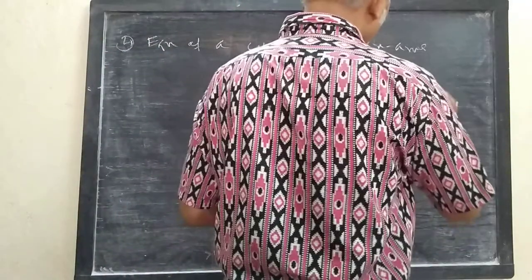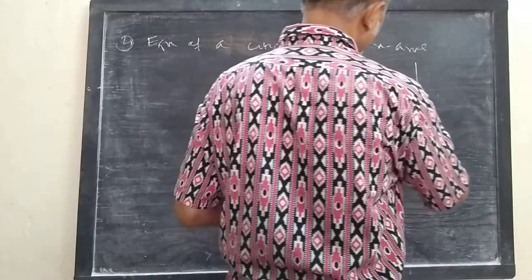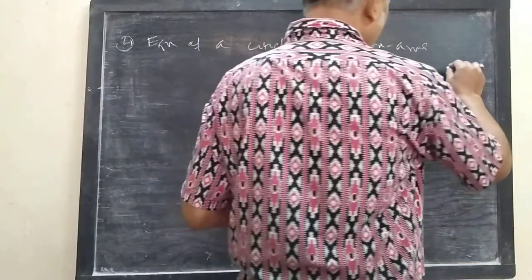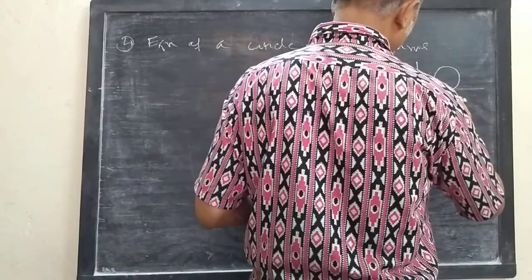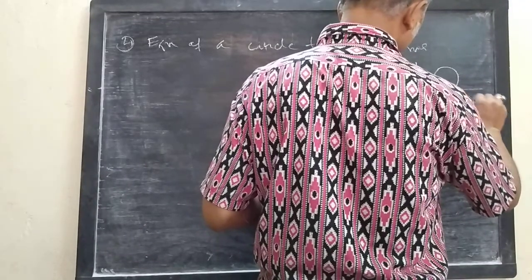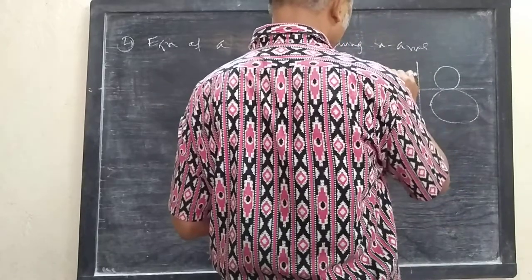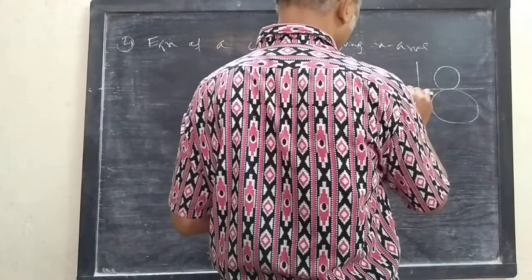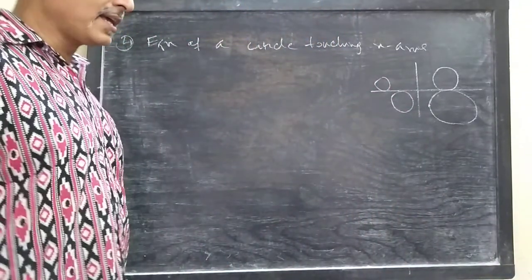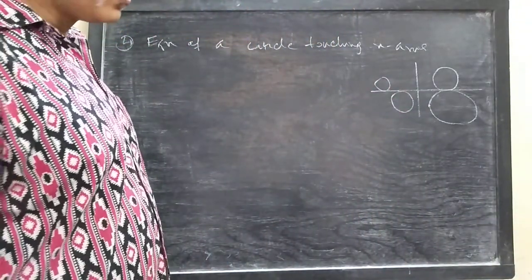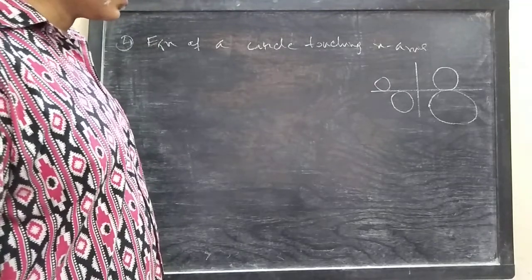Let us draw a diagram first. Suppose these are two axes. Touching x-axis can happen in these ways. So the circle can lie in any one of the 4 quadrants and it may touch x-axis.